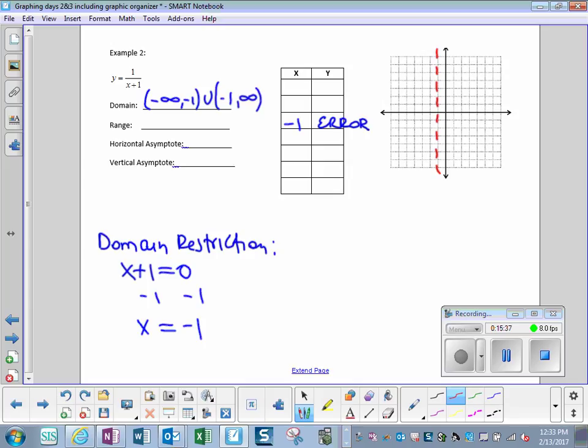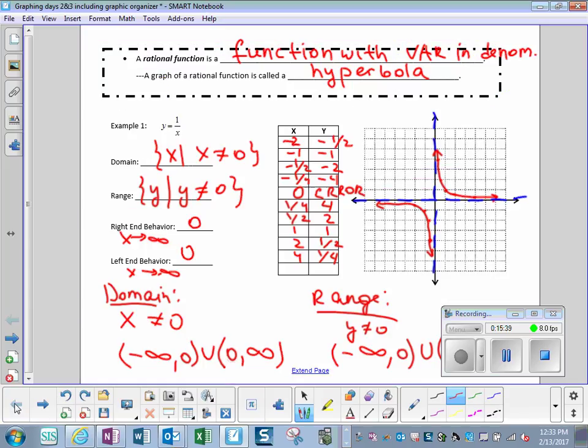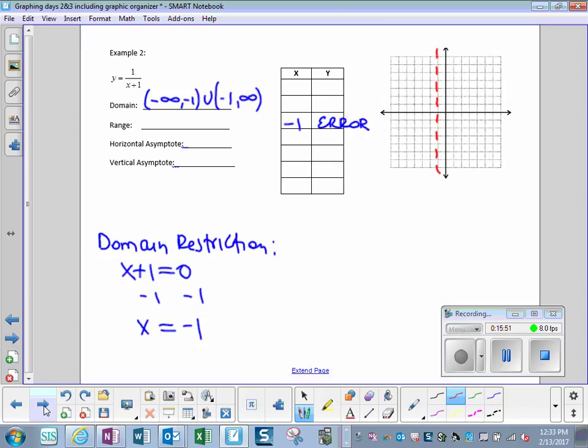If you remember our previous example, that was my restriction on the domain, so I could get very close but not quite reach that value, right? So my function climbed up and down that line, that vertical asymptote. So what do you think our vertical asymptote is? Should probably be x equals -1. Is this intuitive? More or less? How I got to it? Good.